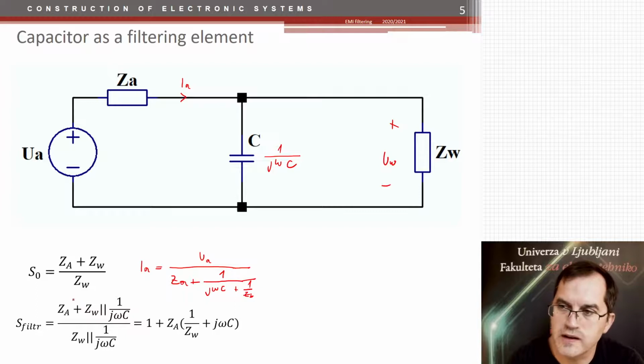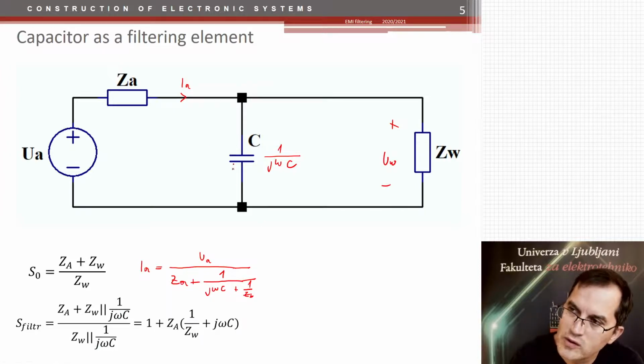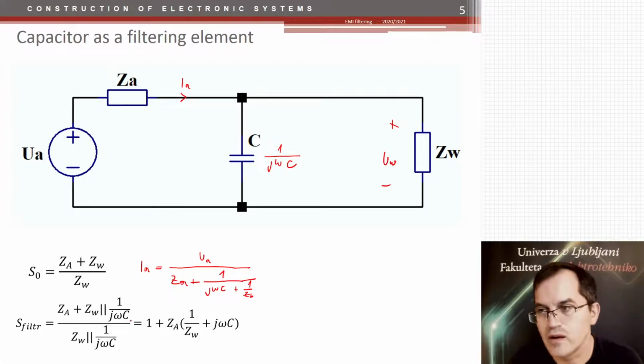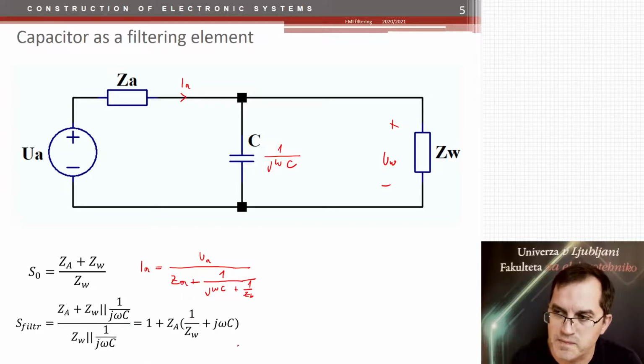The attenuation factor is the parallel connection between the victim impedance and the capacitance, divided by these two here again. And if we now simplify this equation, we get this.